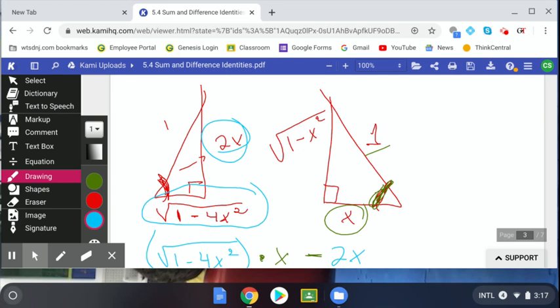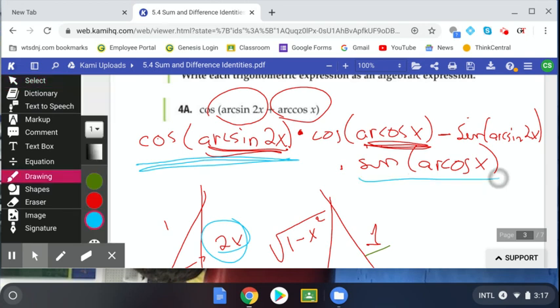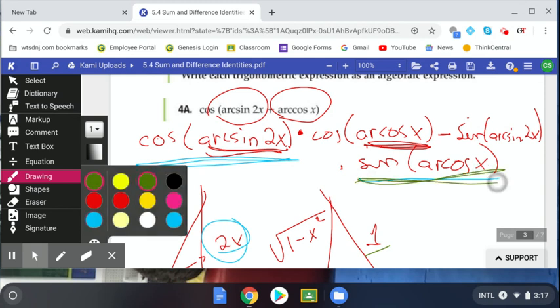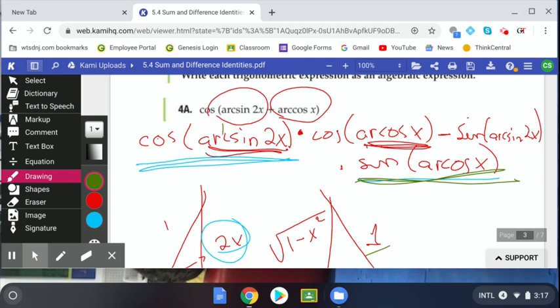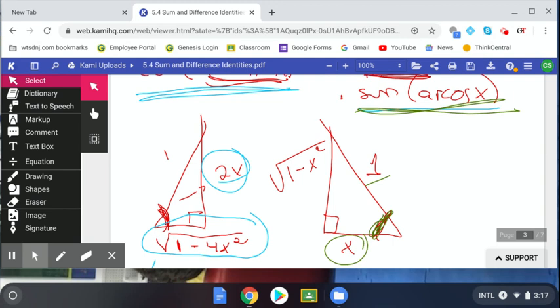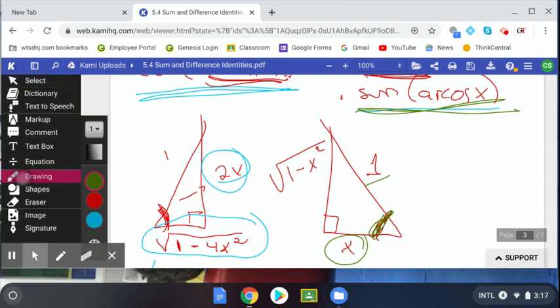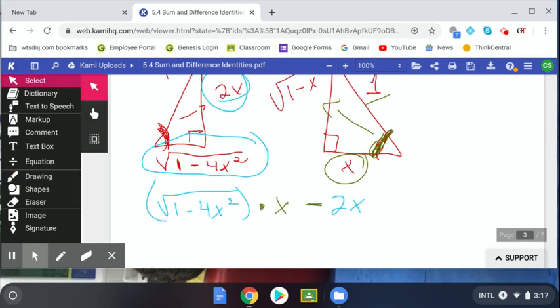times, now the other part, which is sine of arc cosine x. So sine of arc cosine x would be, for the other triangle, square root of 1 minus x squared for this angle over here, opposite.